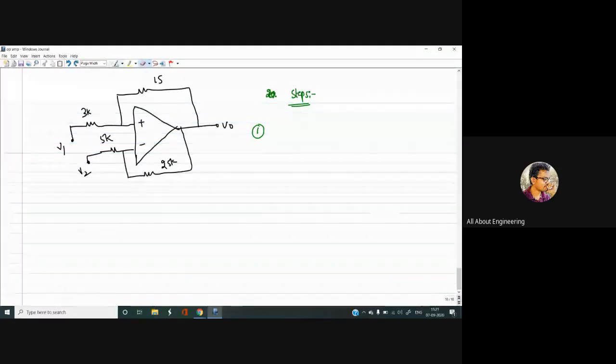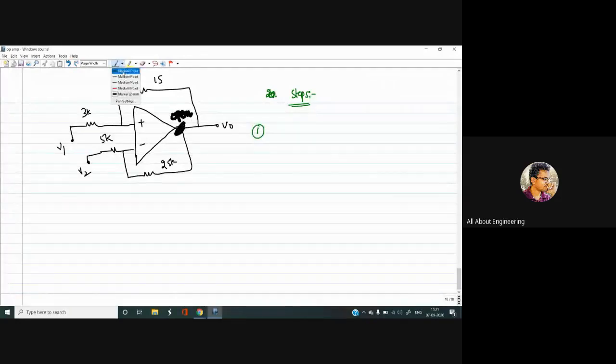Let me mark it. You cut this part, you open this. After opening that, first open the output of the op amp. Now, after opening this, what you will be left with is the circuit that will look like this.